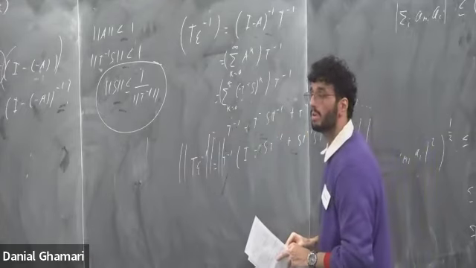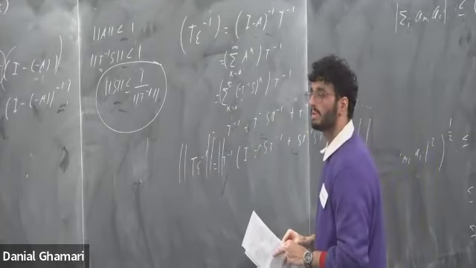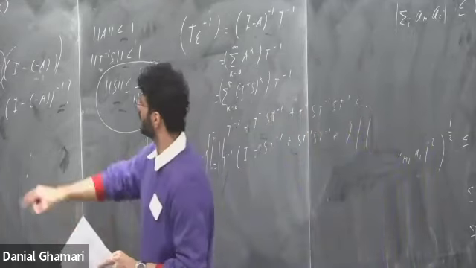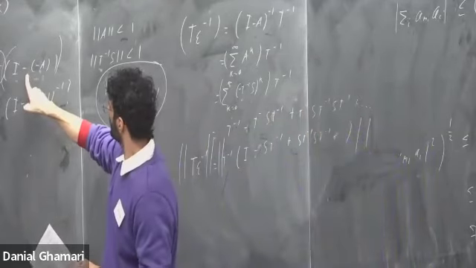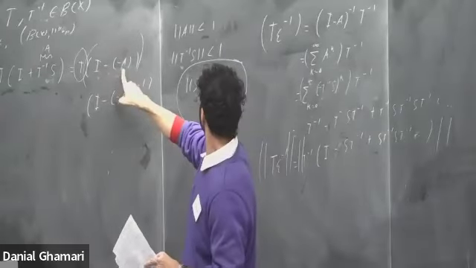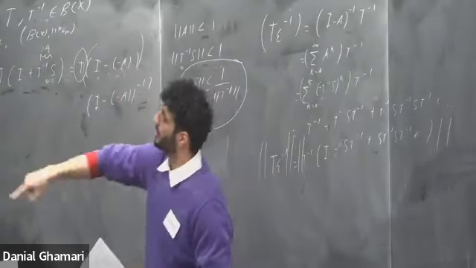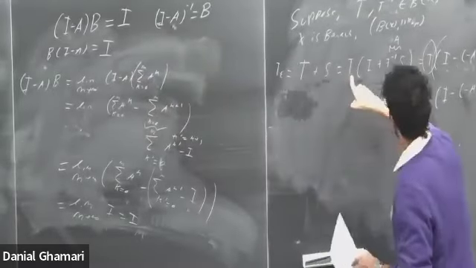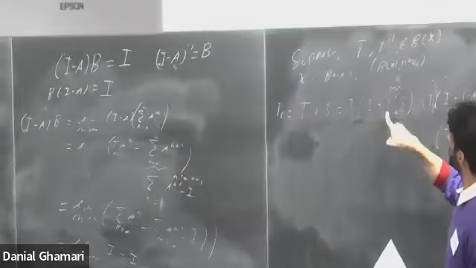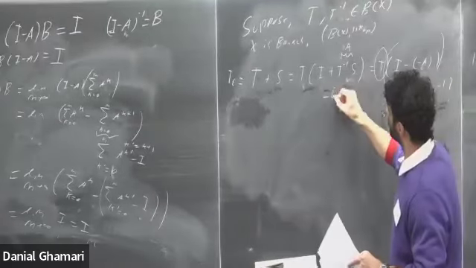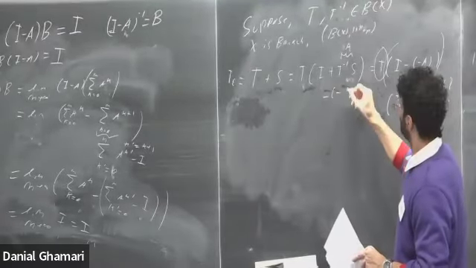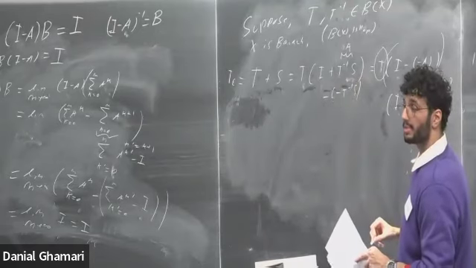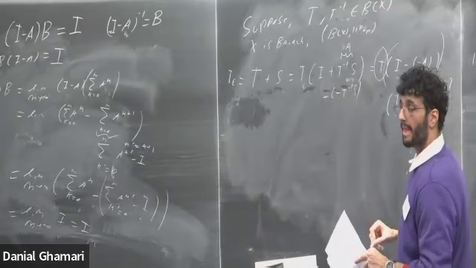William asked, didn't we have I minus negative A? Yeah, so what we've done here is I minus negative A. He's asking why. It's because we proved it for I minus A, but in this case we had T times I plus T inverse S, so I just introduced two minus signs. I don't know if that's what Will was asking. I'll see what Will says in the chat.